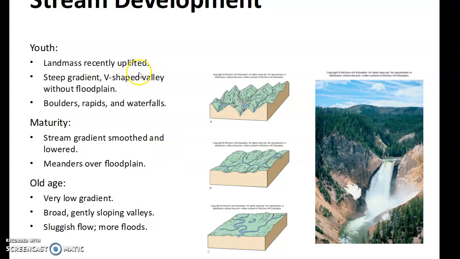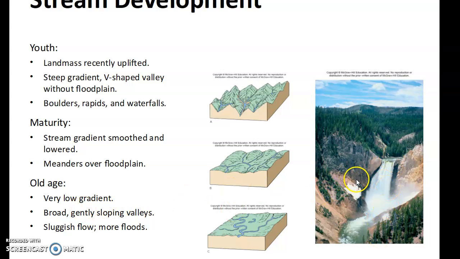So, stream development: the landmass is recently uplifted, with steep gradients, V-shaped valleys, boulders, rapids, waterfalls, all those sorts of things happening all the time. Then the stream gradient is smooth and lower, and it meanders over a floodplain, for example along the Mississippi. These are some of the creeks and streams that we have here in the Ozarks.